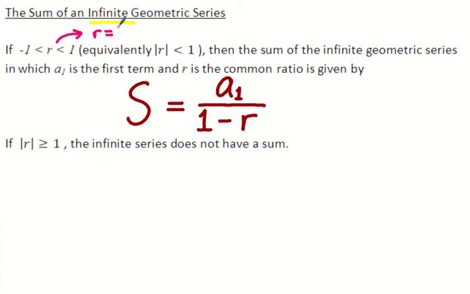R equals 1/2, for example. So if your common ratio is like 1/2, then you could have a sequence of like 1, 1/2, 1/4, 1/8, right?